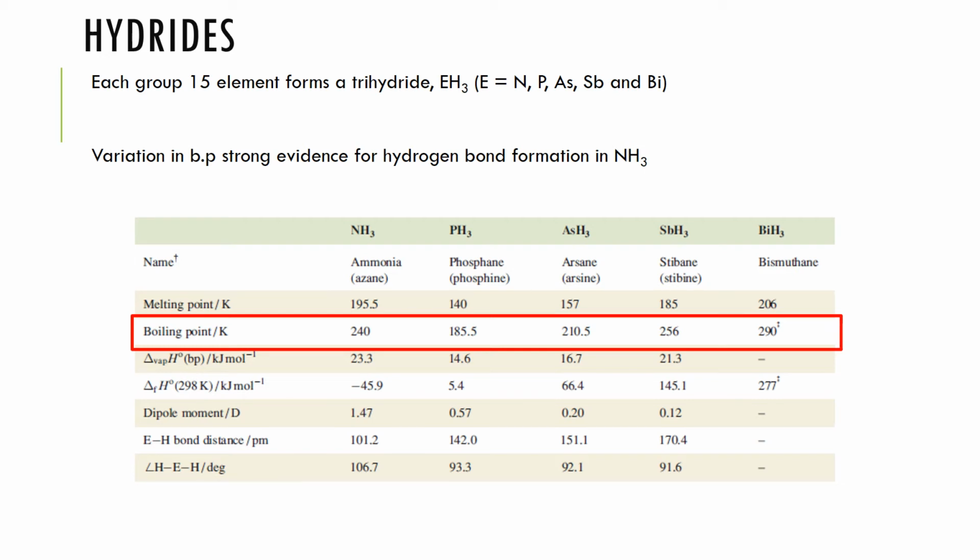So broadly, if you go from phosphine through to bismuthane, the boiling point increases fairly regularly. But you'll note that the first trihydride, ammonia, has an abnormally high boiling point at 240 Kelvin.